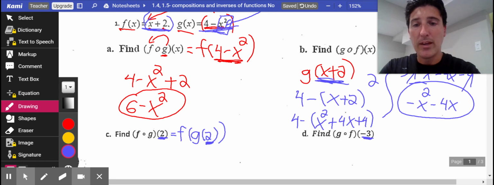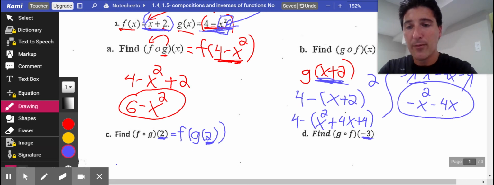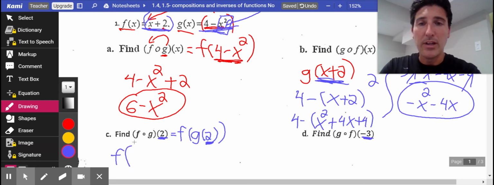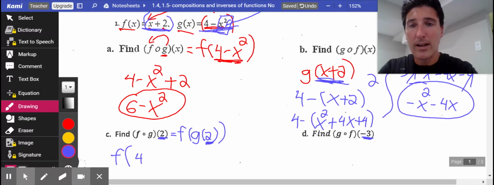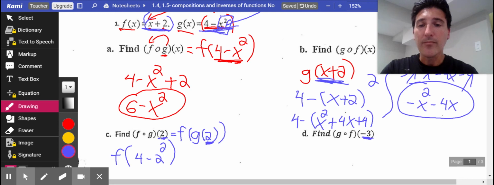So I'll still have function of g of 2 is going to be 4 minus, and then it's 2 squared. If I evaluate this, I get 4 minus 4, which is 0.